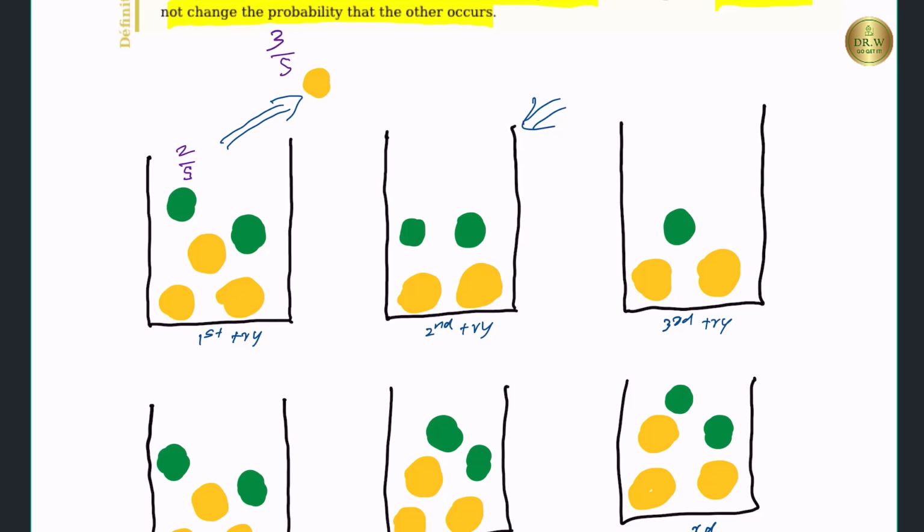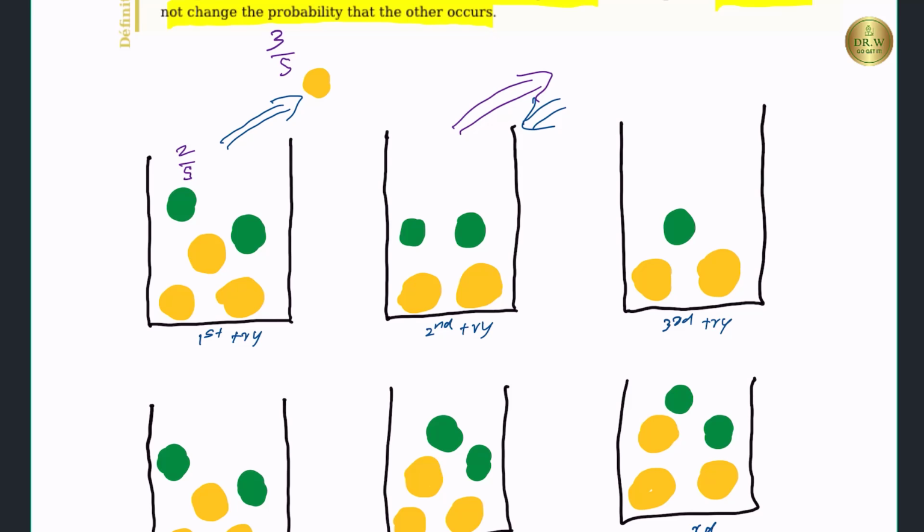Now you see we have only 4 balls because you have one in your hand. Now I am going to take one again from this without putting the first one back. It means without replacement. So now how many balls do we have?